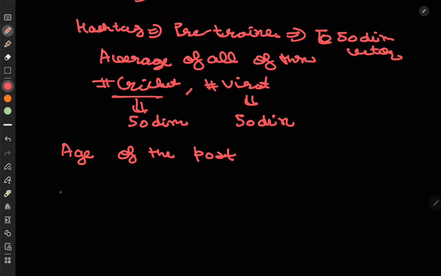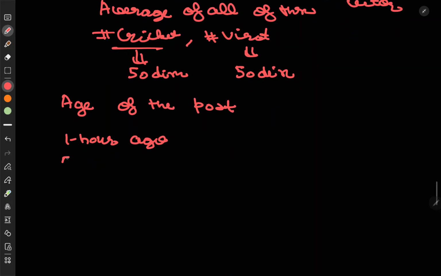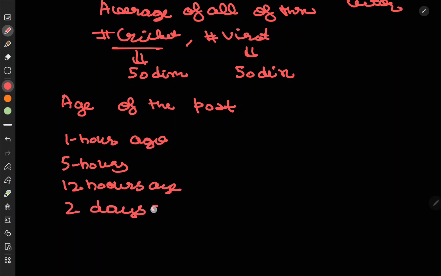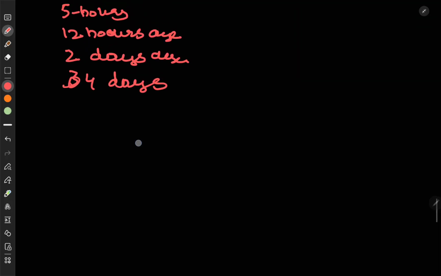So let's say the post was just 1 hour ago, then the post could be 5 hours ago, then 12 hours ago, then 2 days ago, 3 days or 4 days ago, and then something like 7 days, and the last could be greater than 7 days.